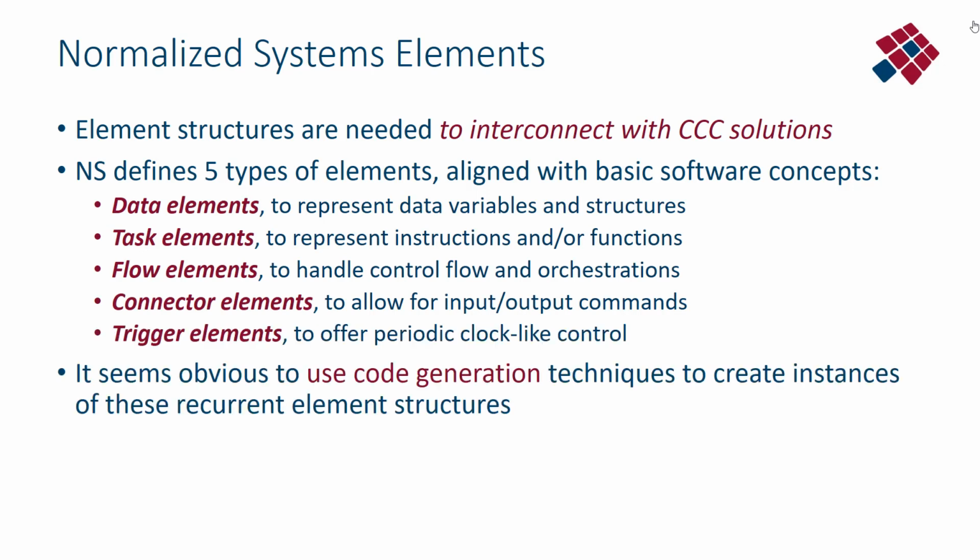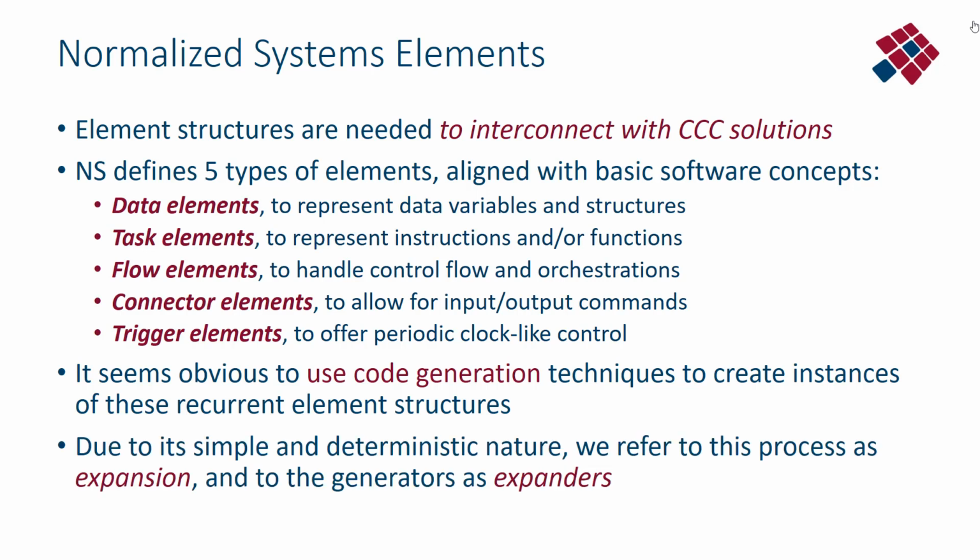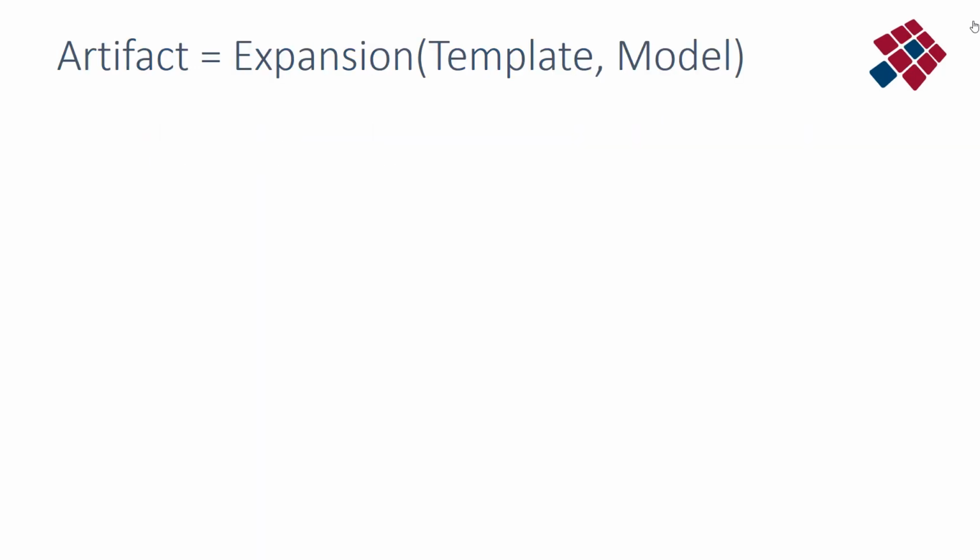And as we have said, it seems obvious to use code generation techniques to create instances of these recurrent structures, because they all have the same structure. Every functional entity needs to be implemented by a collection of classes interconnecting with the various cross-cutting concerns. And due to the simple and deterministic nature of these structures, we refer to this process as expansion and to the code generators as expanders.